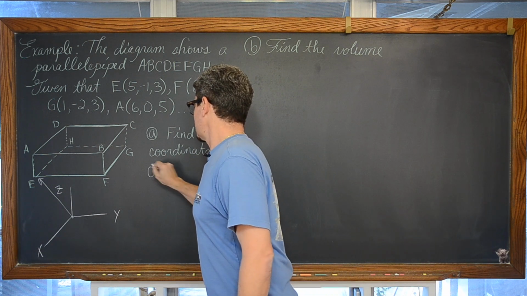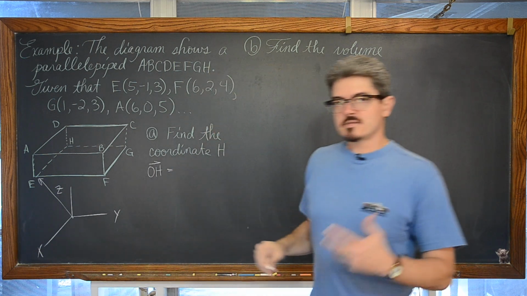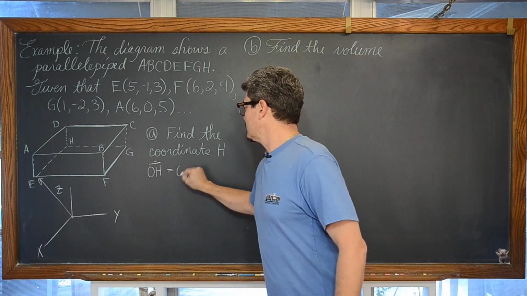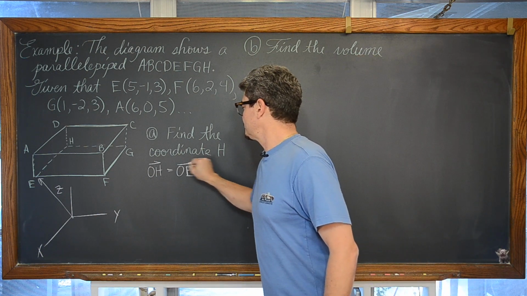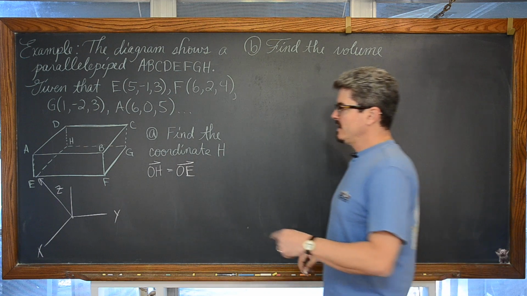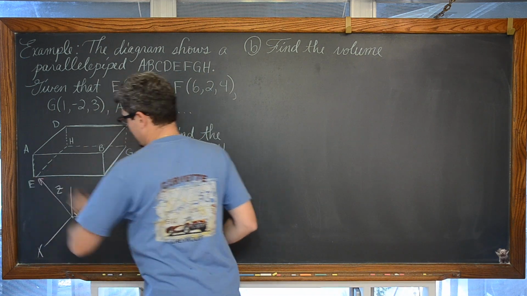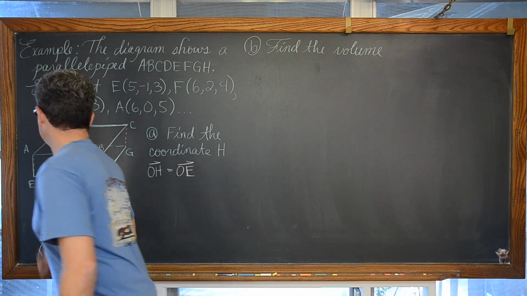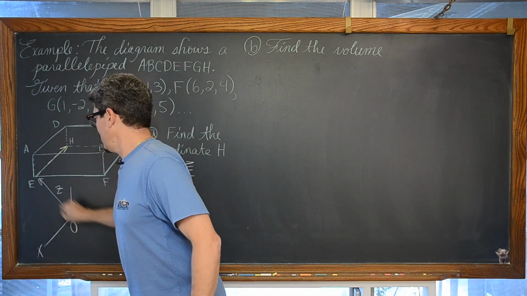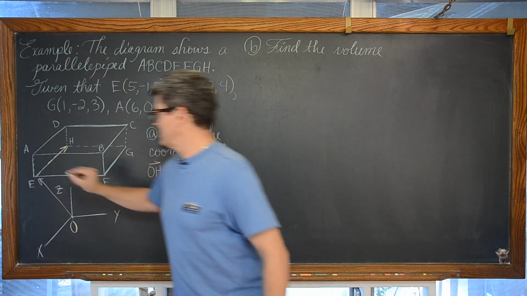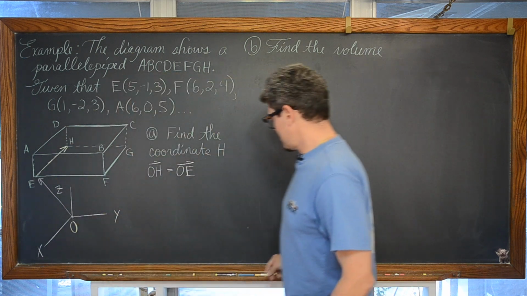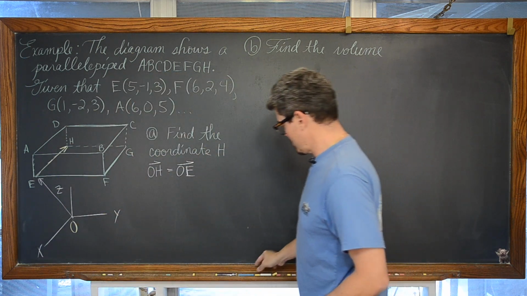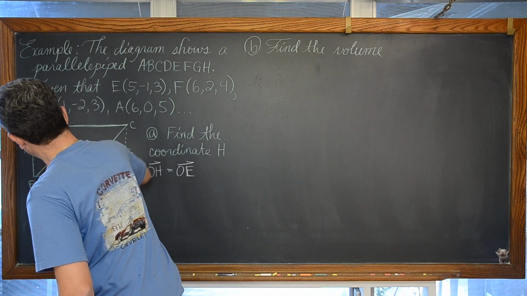Vector OH is going to be the sum of vector OE and then another vector going from E to H. So vector OE plus vector EH is going to give us a position vector of OH.